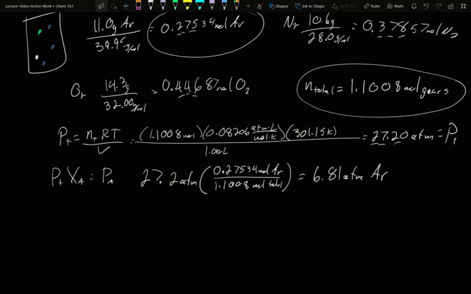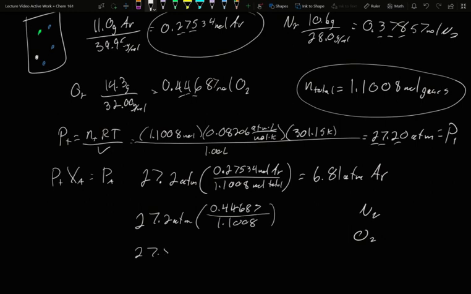Similarly, we could do the same for our dinitrogen and our dioxygen. We know the moles for each of them. The calculation will still say the total pressure times their mole fraction, 0.44687 over 1.1008, 27.2 atmospheres.